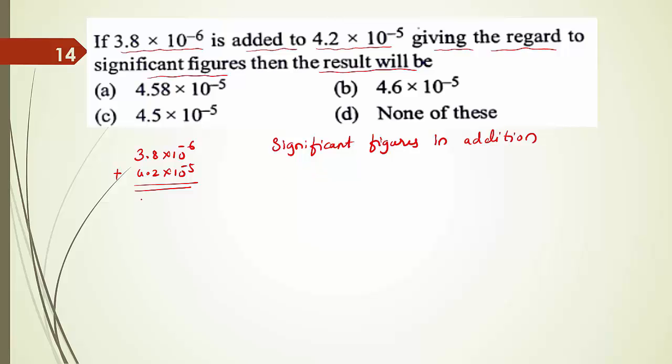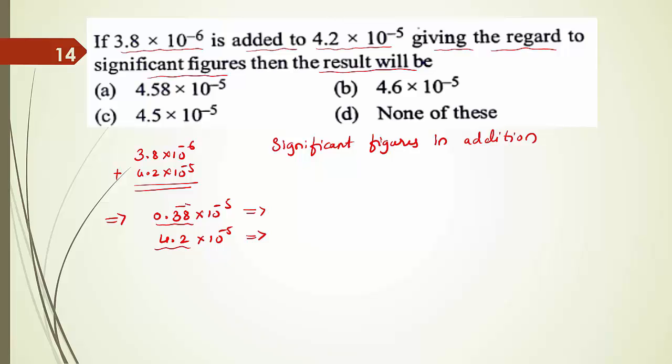So I am going to rewrite these numbers: 0.38 into 10 raised to minus 5 and the second number is 4.2 into 10 raised to minus 5. From these two numbers, first we have to find the least decimal places. The power of 10 is not considered in significant figures, leave it. Remaining is only 0.38 and 4.2.